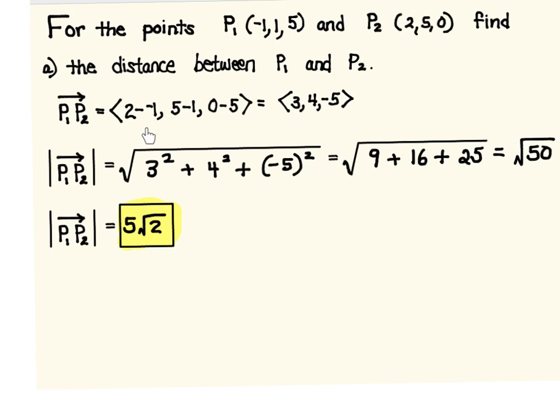So to do this, we put it in component form, and then we take the square root of the sum of the squares of the components, and we get the square root of 50. And that simplifies to 5 radical 2. This is the magnitude of the line segment P1 P2.